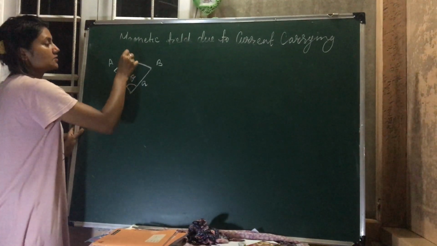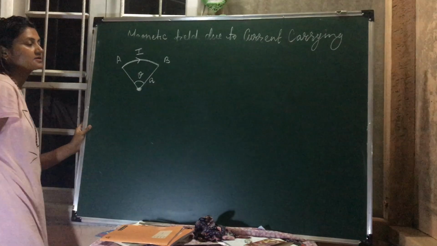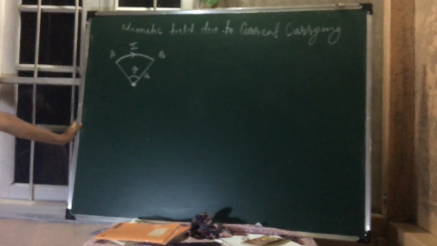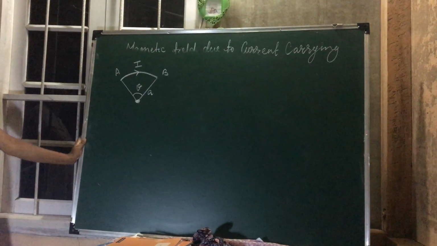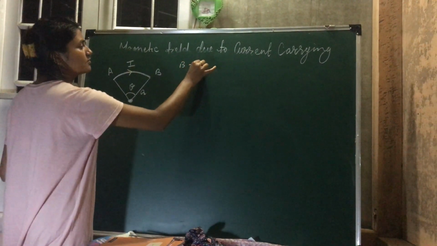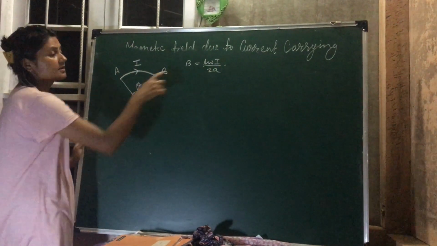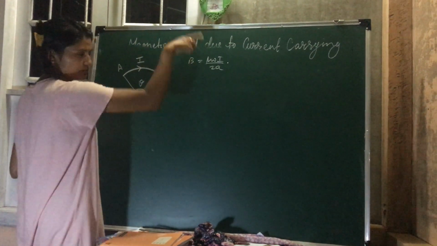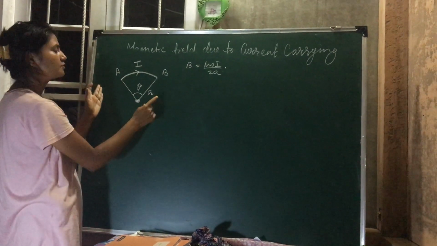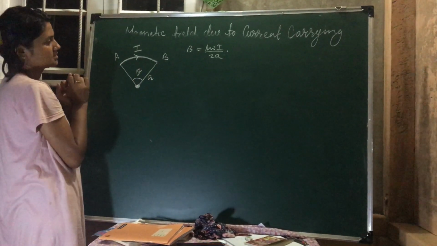Say the current is going this way. How do we find the magnetic field here? Can we find it or not? We cannot use the relation B is equal to mu 0 I by 2A, because that formula is valid for a full loop. This is not a half loop, this is not a quarter. It is of some angle. What to do?